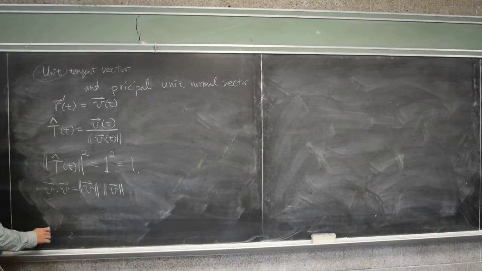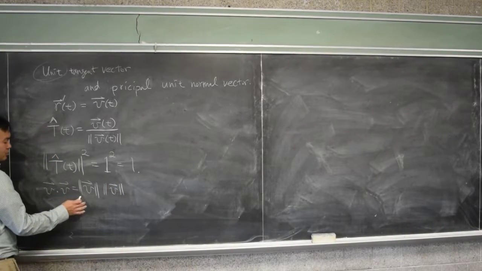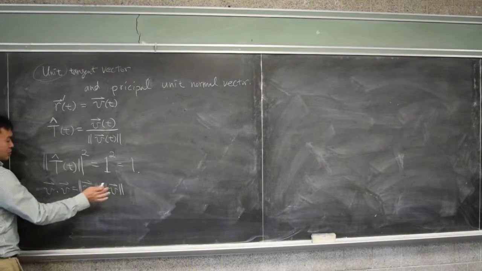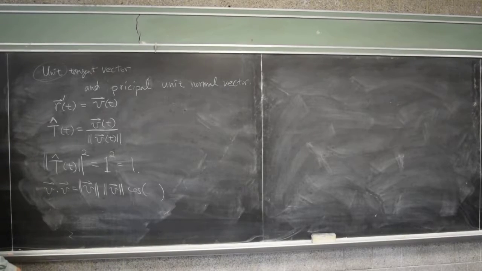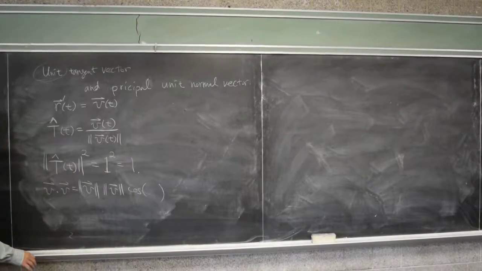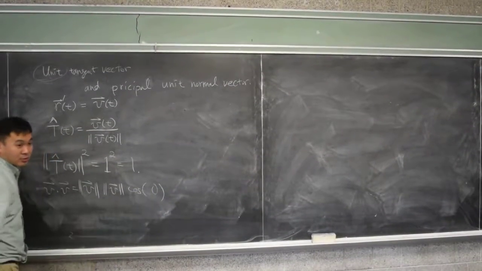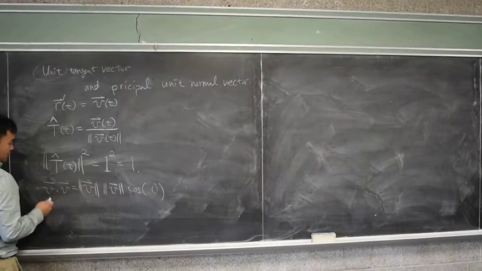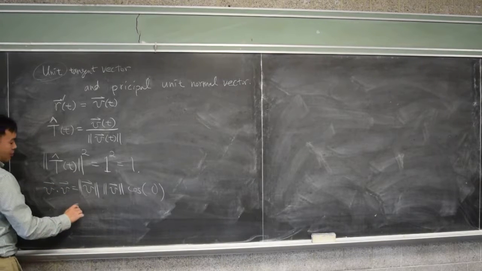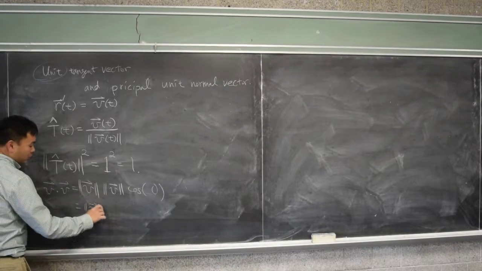That's because any vector dotted with itself is the norm of each times the cosine of the angle between, but what should I put here? 0, because it's the same vector, right? And cosine 0 is 1. So any vector dotted with itself is the same as its norm squared.